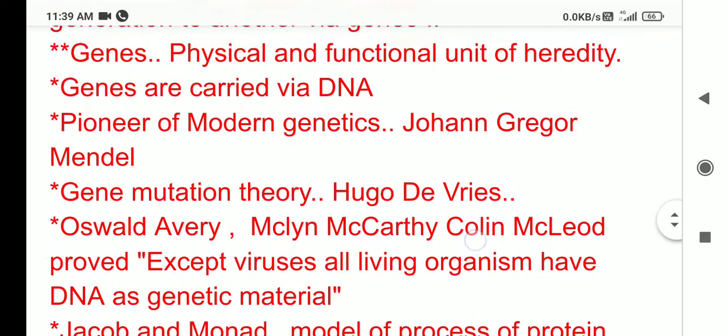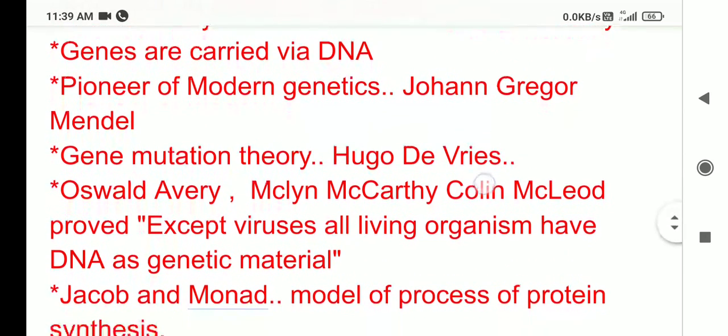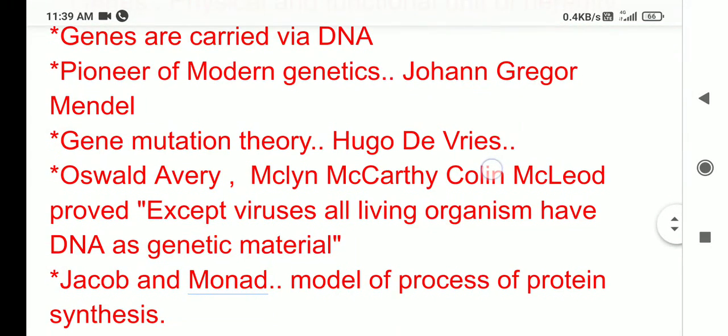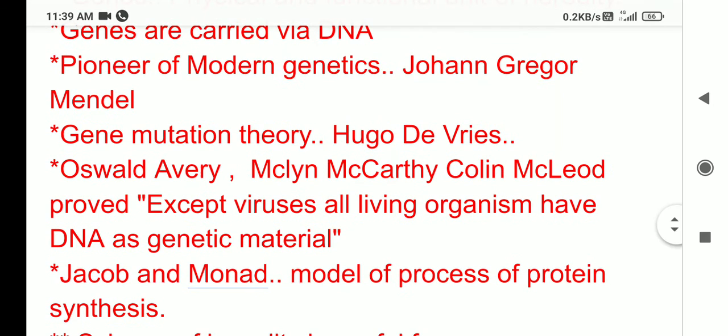and these genes are studied nowadays in the branch of science that is genetics and also in the science of heredity. Pioneer of modern genetics is Johann Gregor Mendel. He is also called the father of genetics.